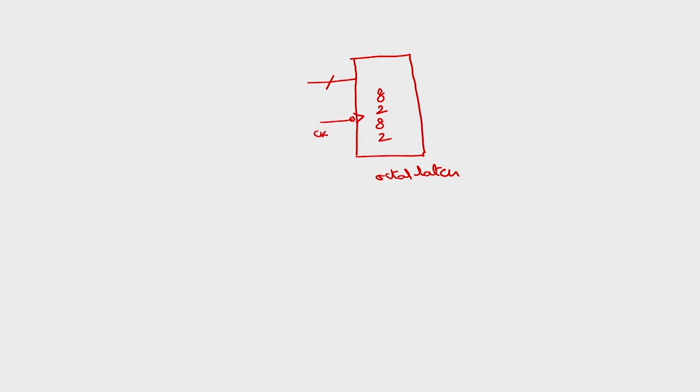So we can use multiple latches. In total, in the 8086 there are 20 lines that have to be demultiplexed. Total 20 lines are multiplexed in 8086, out of which 16 are address lines multiplexed with data and 4 address lines are multiplexed with status.